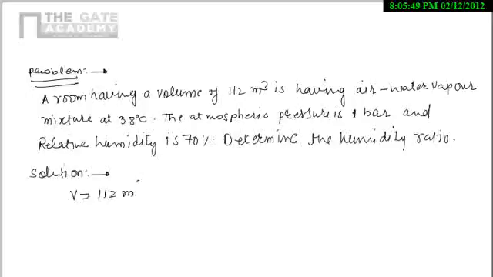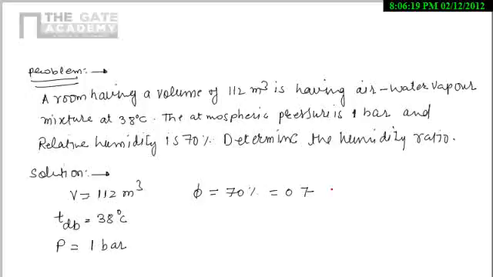Volume is given as 112 meter cube. The dry bulb temperature is 38 degrees centigrade. Atmospheric pressure, as per our notation P, is 1 bar, and relative humidity, 70%, means 0.7.